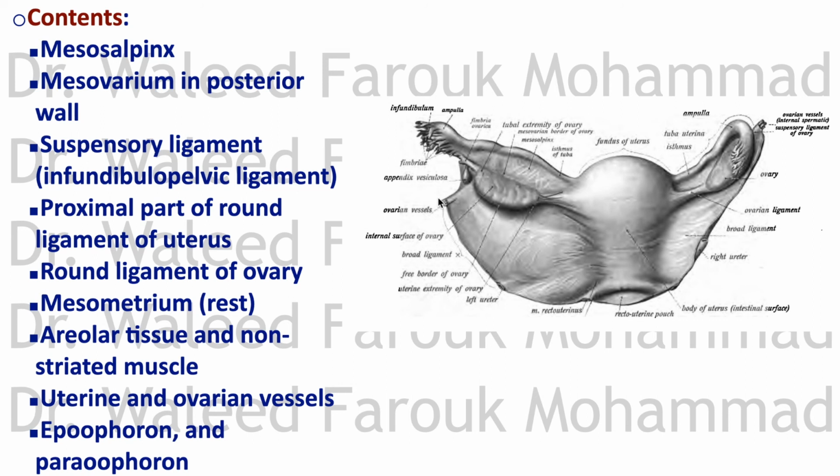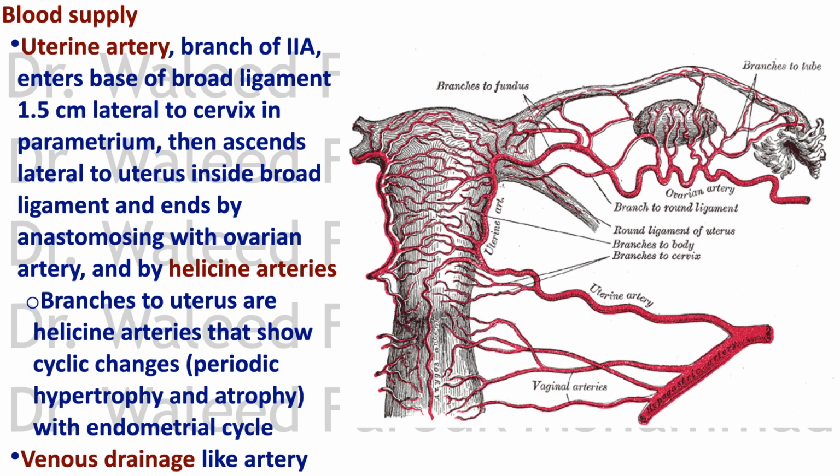The blood supply of the uterus is very rich, of course from the uterine artery that comes from the internal iliac artery. The uterine artery enters between the two layers of the broad ligament and gives branches to the uterus as it ascends at the sides of the uterus. These branches are called the helicine arteries.